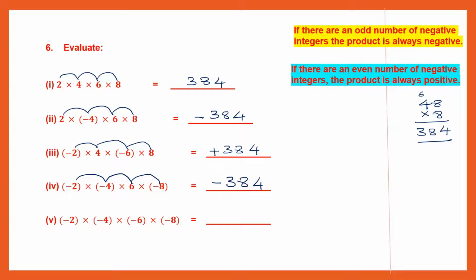Fifth one, let's count the negative integers. 1, 2, 3, 4. There are 4 negative integers and 4 is an even number, so the product is positive. Now multiply. 2 4s are 8, 8 6s are 48, 48 into 8 is 384. So our answer is 384.